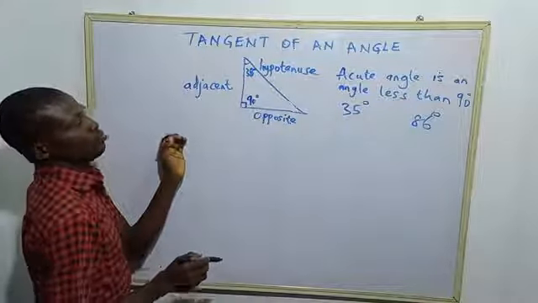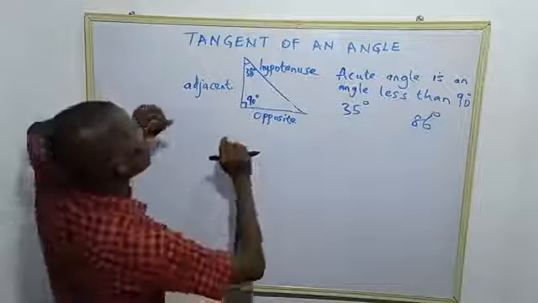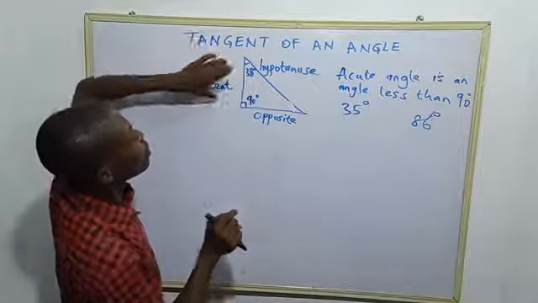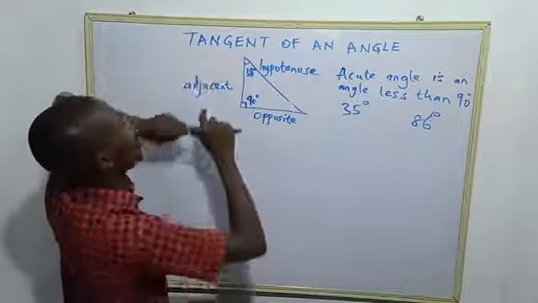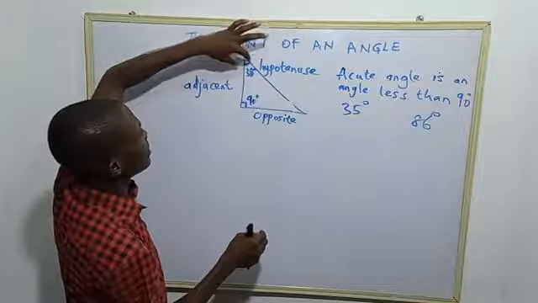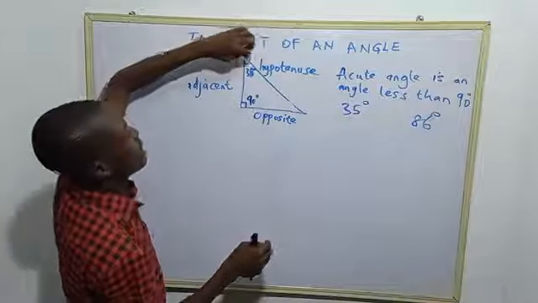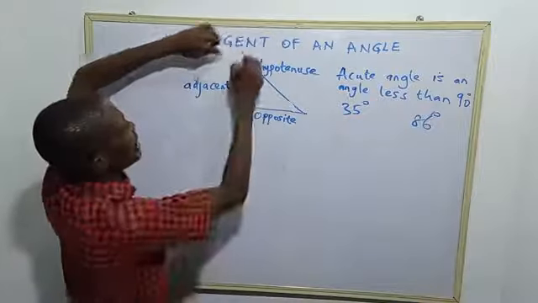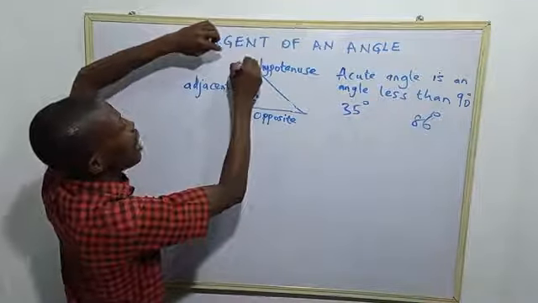So take note that when you are trying to locate the adjacent, it is the one that borders the hypotenuse in the given acute angle.